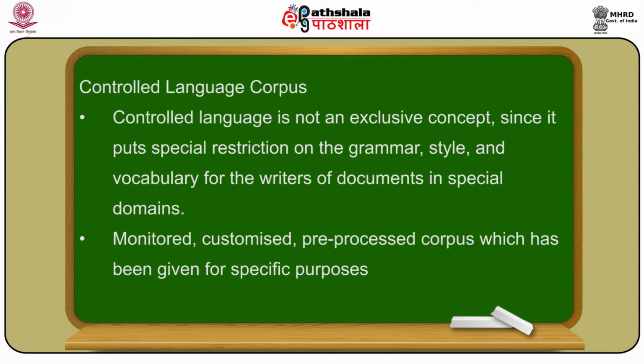Controlled language is not an exclusive concept, rather, since it puts special restrictions on the grammar, style, and vocabulary for the writers of documents in special domains. So, a controlled language corpus is a kind of monitored or customized or pre-processed corpus which has been given for specific purposes.